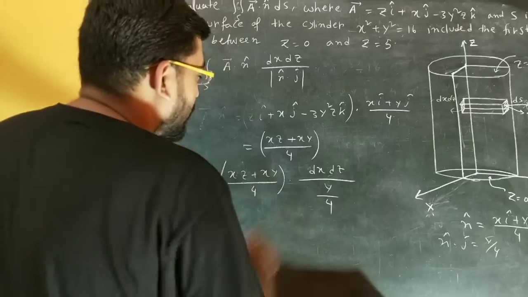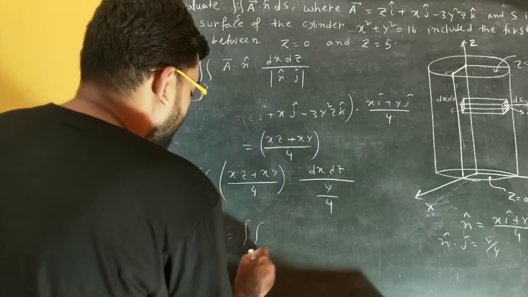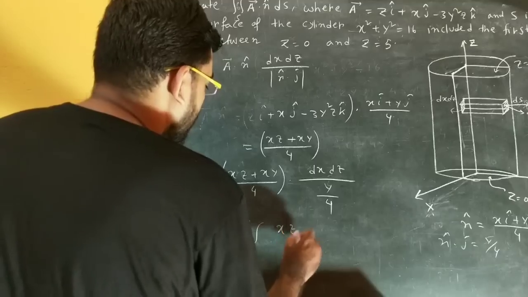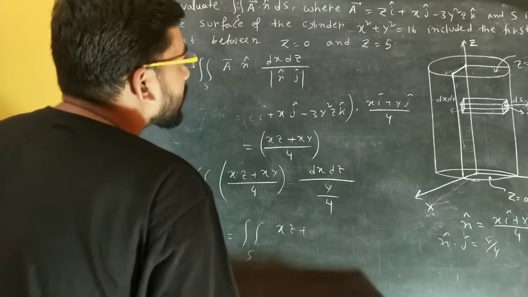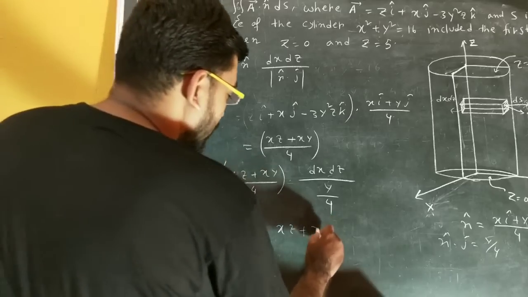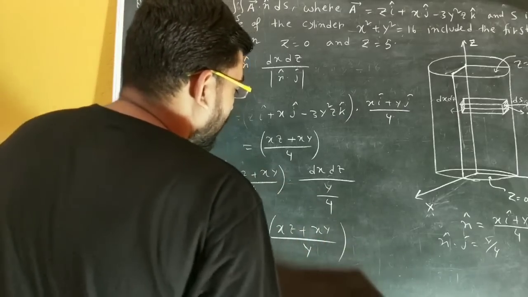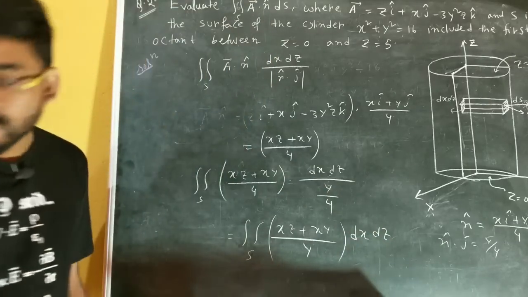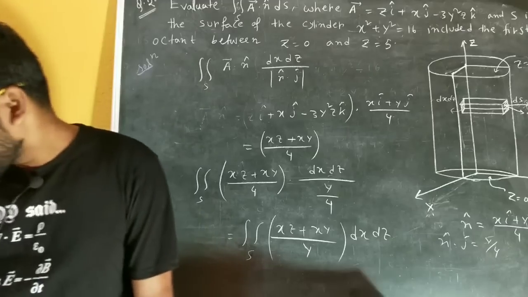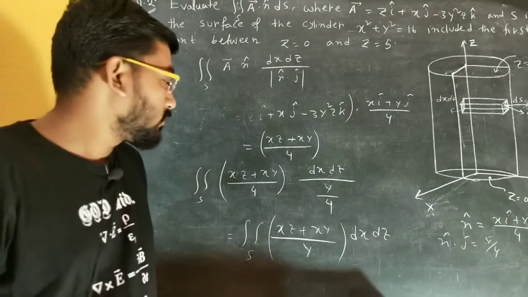So this 4 will be cancelled out. You will get the surface integration of xz plus xy divided by y into dx dz. You have to solve this integration.